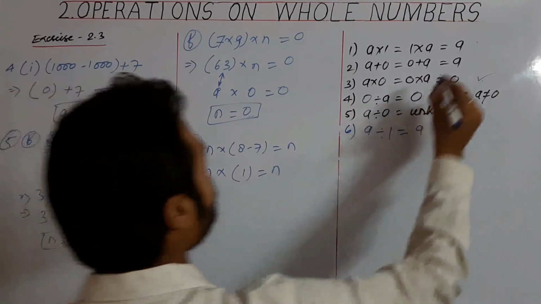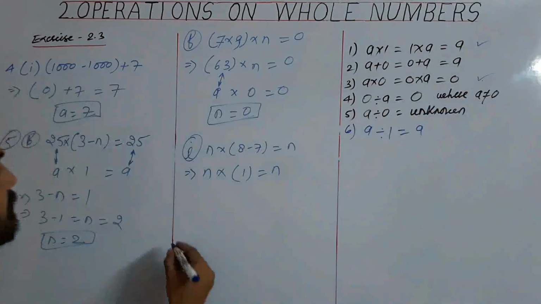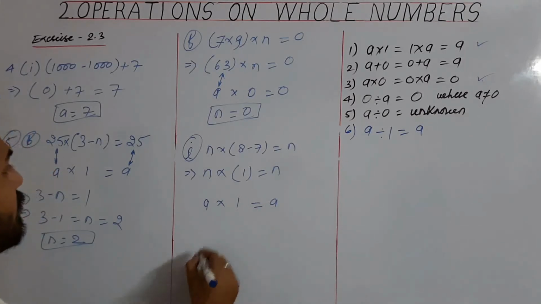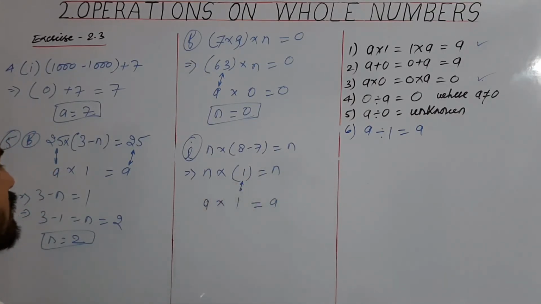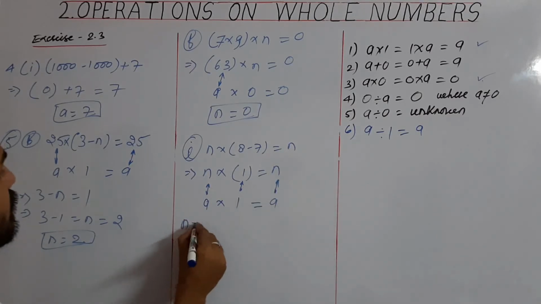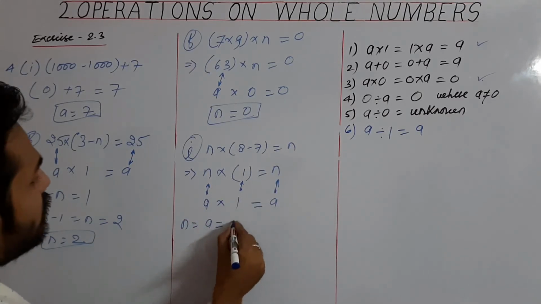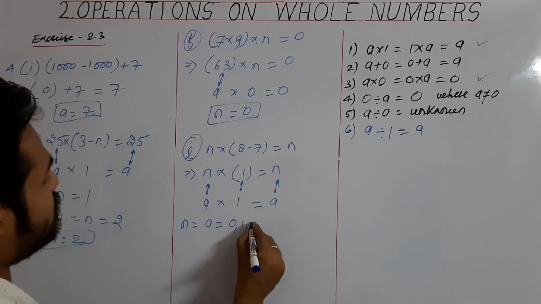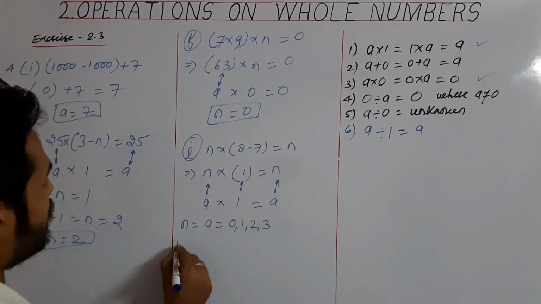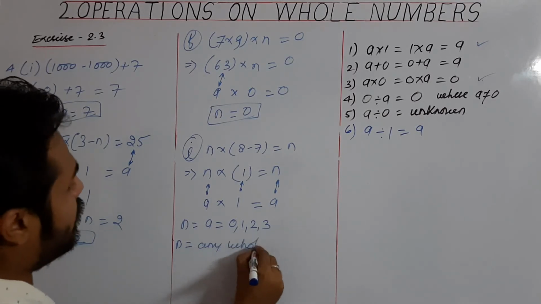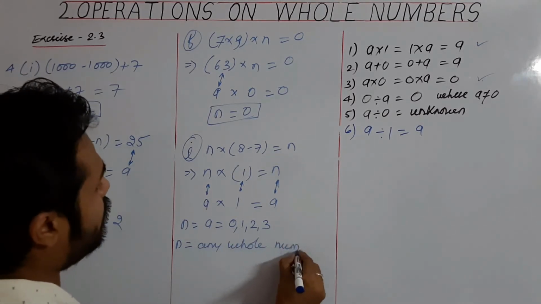Now this is similar to the first property, a into 1 equals a. So the value of n equals a, or we can say any value starting from 0. So the value of n is any whole number.